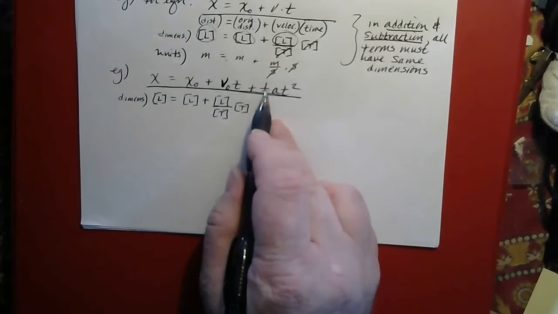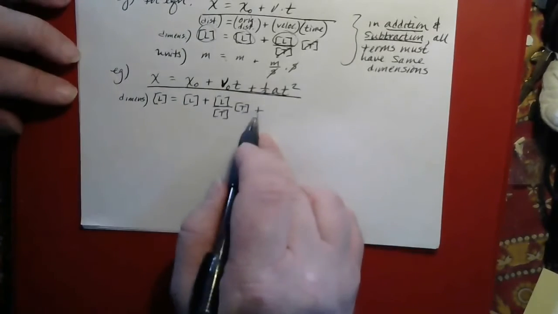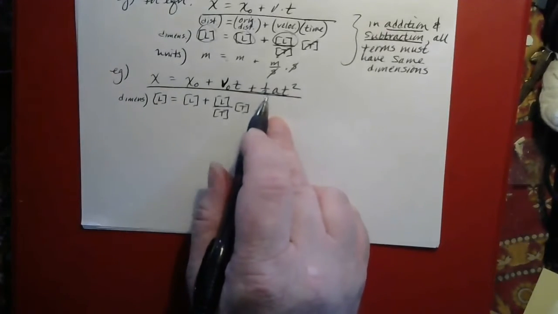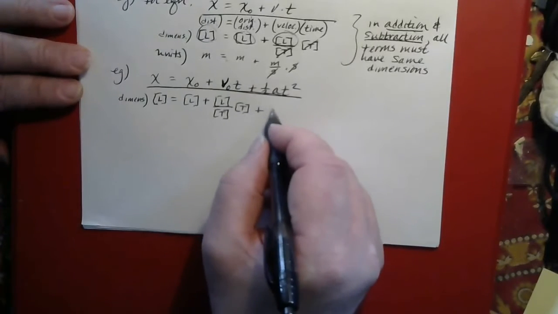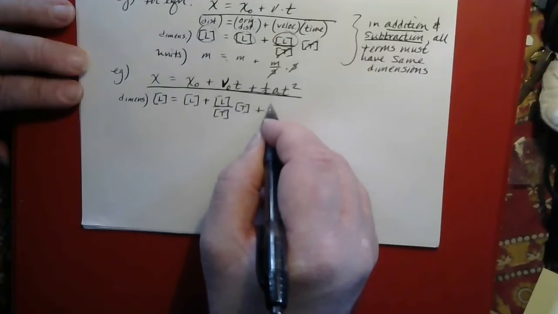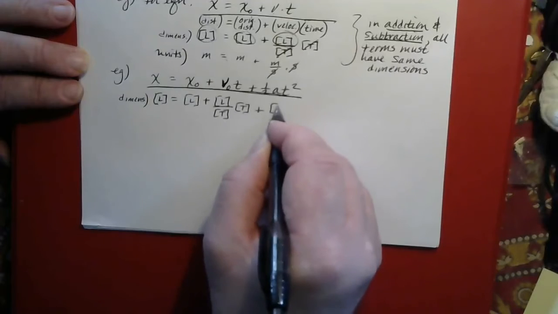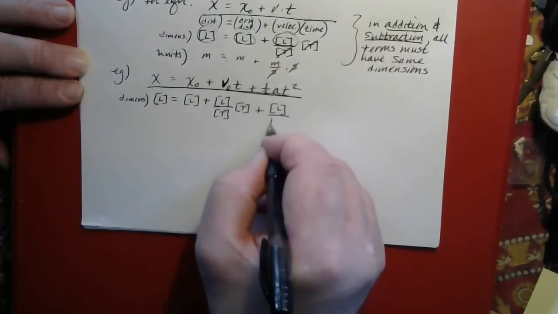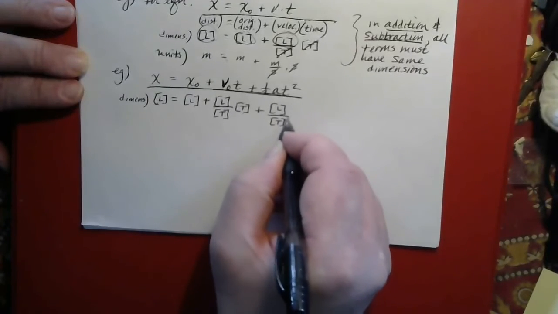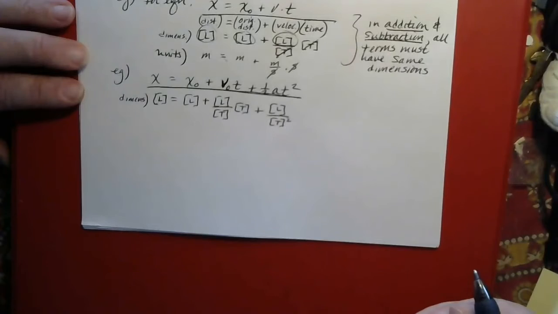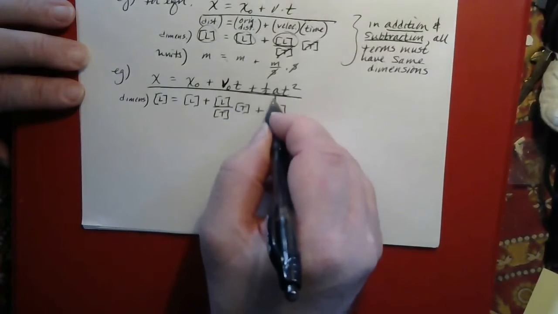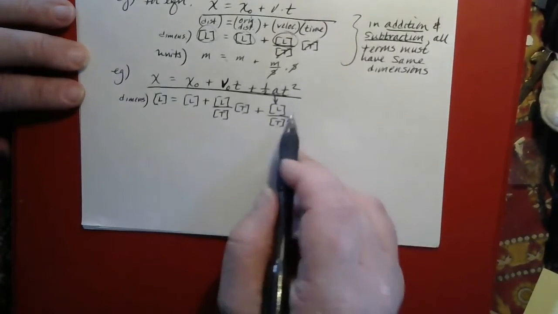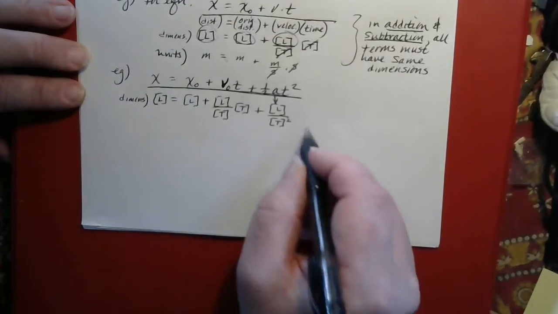Now the 1/2 is just a number, so if you're checking for dimensions, the 1/2 has no effect on the dimensions. So you don't have to worry about that. Acceleration, though, is units of length or distance divided by units of time squared. And that's acceleration right there. And we're multiplying that by time squared.